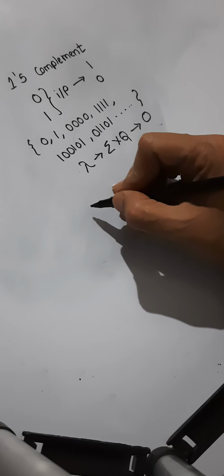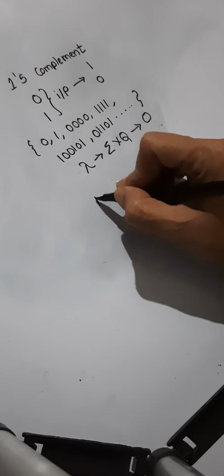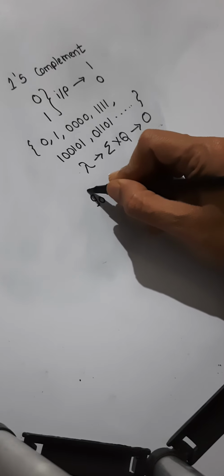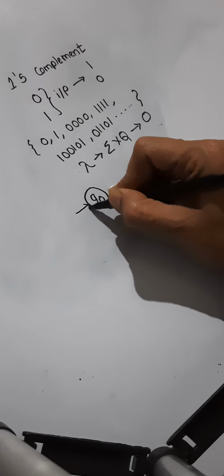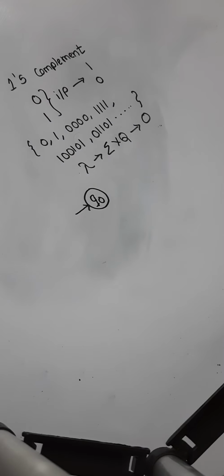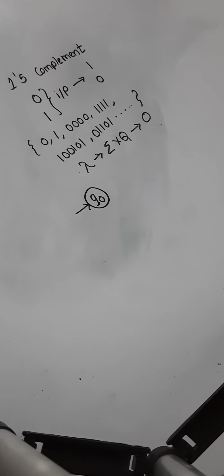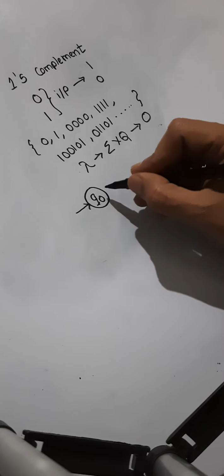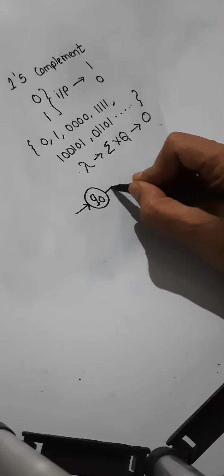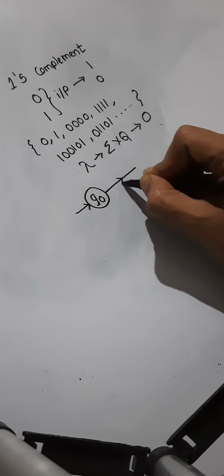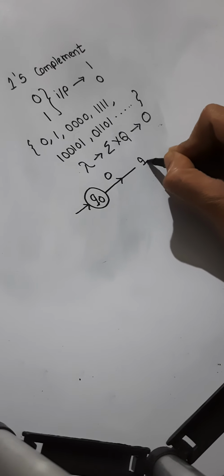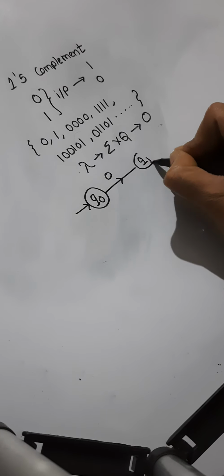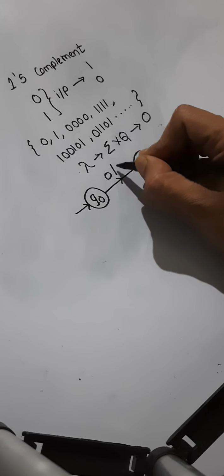So the Mealy machine we are going to draw. Here it is Q0. It is the initial state. That's why I'm putting an arrow over here. Okay. So students, here it is given that if I'm giving input as 0, if I draw 0 as an input which goes to the Q1 state, then you will get an output as 1.